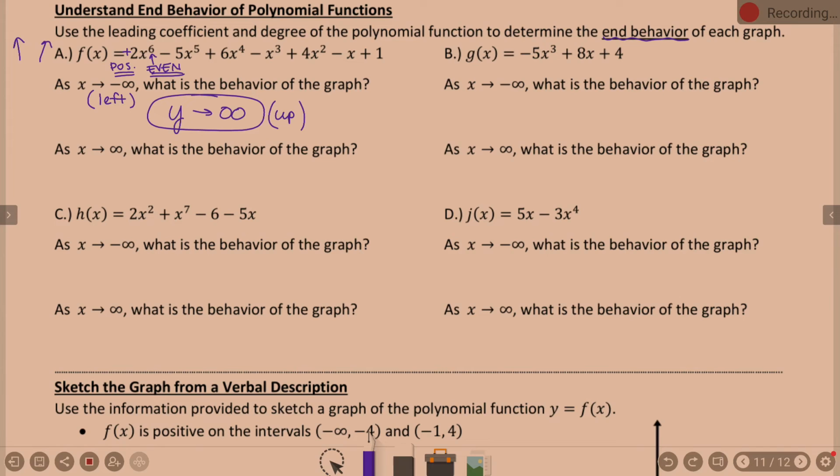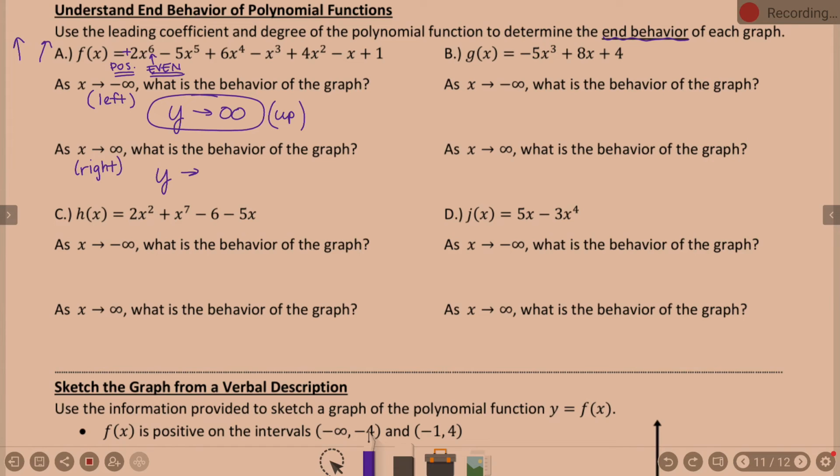Now, the second half of this question. As x approaches positive infinity. So that's saying as my graph goes to the where? Left. No, right. I'm sorry. As x goes to positive infinity, so that's saying as my graph goes to the right, where's my graph going? It's going up. And what is up?